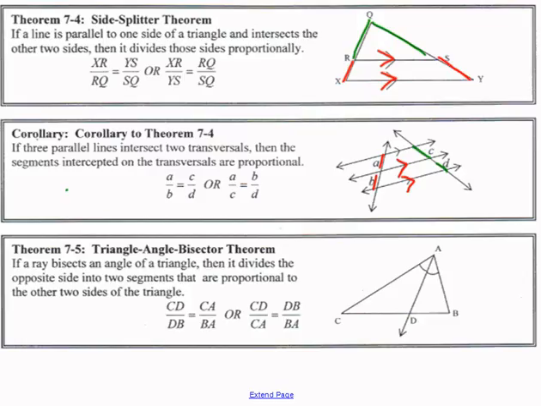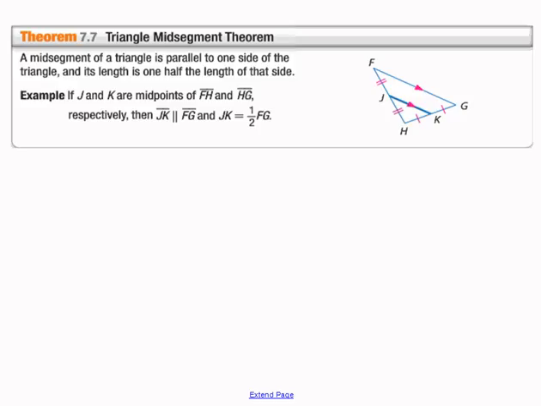And then the triangle bisector theorem: if this line bisects, then I can make a proportion for this side and this side. Those are proportional. And then there's the triangle mid-segment theorem.